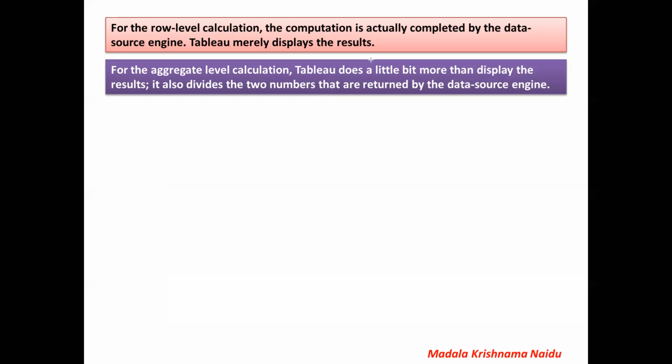Before displaying the result, it is going to apply the calculation, meaning sum of profit divided by sum of sales, at the Tableau level before displaying the data for us. So the data in a Tableau report is different compared to row level calculations.